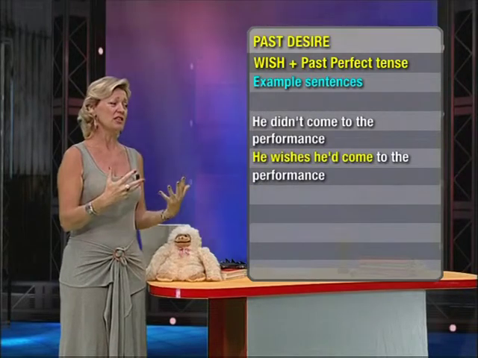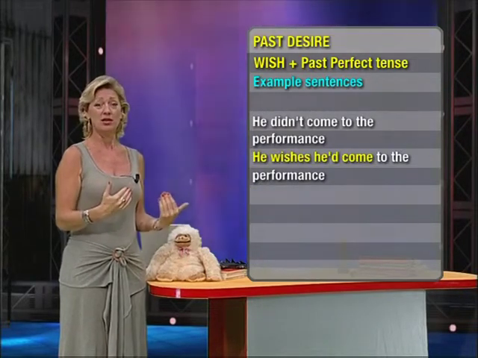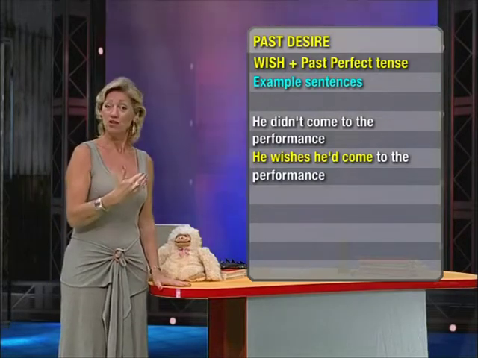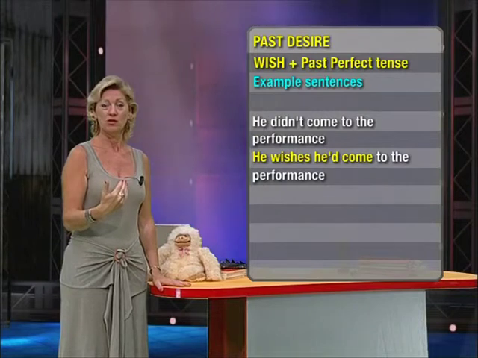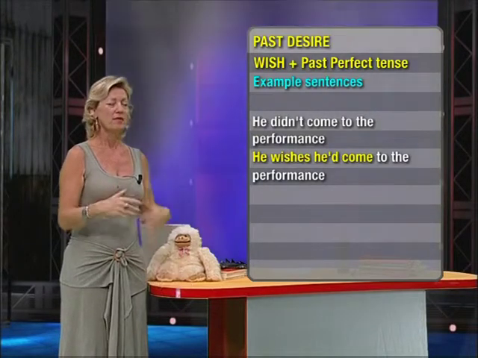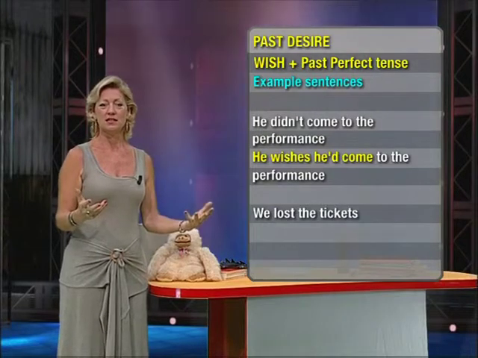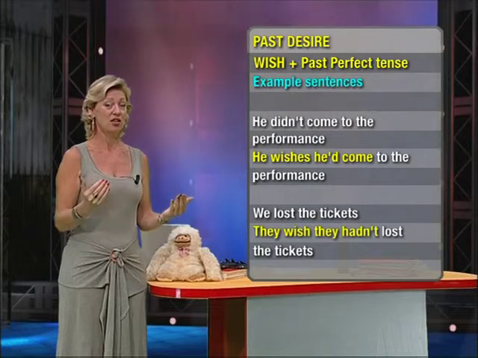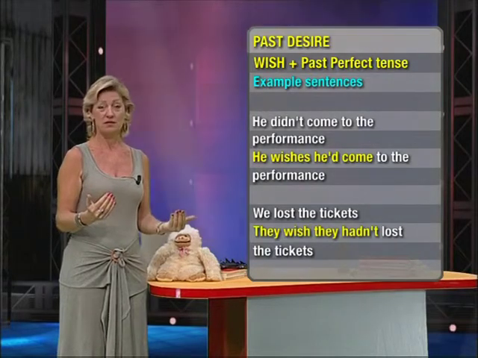He wishes he'd come to the performance. Or I could say, I wish he'd come to the performance. All right? One more. We lost the tickets. They wish they hadn't lost the tickets.